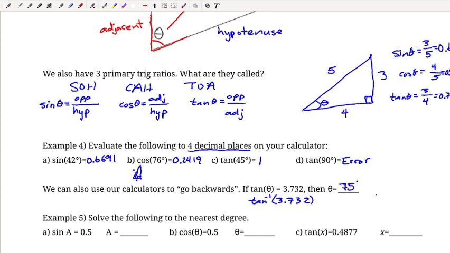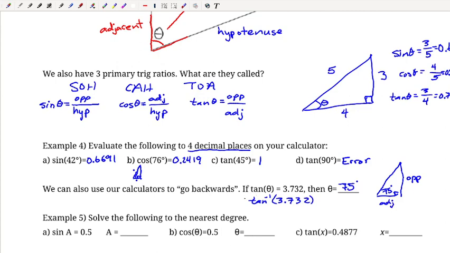In other words, if I have a triangle with an angle of 75 degrees here, the ratio of the, again, tangent, opposite side to the adjacent side would be 3.732. That's what all this is telling me.